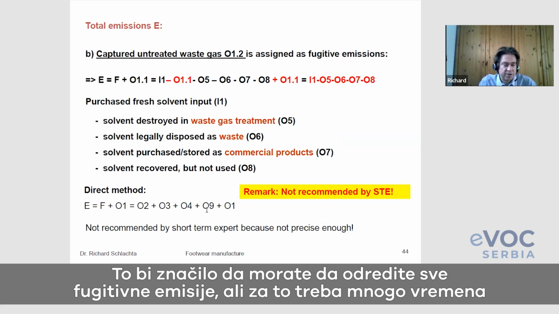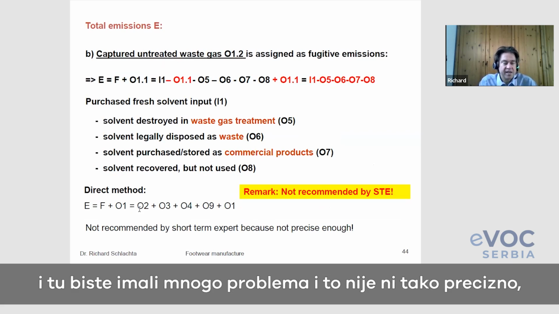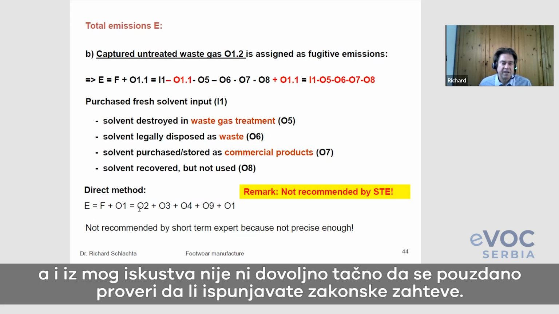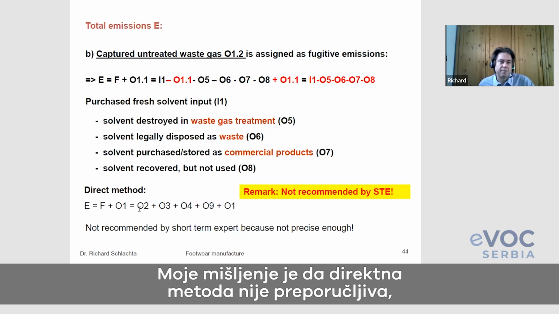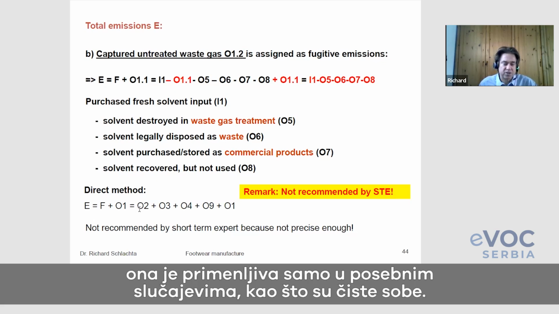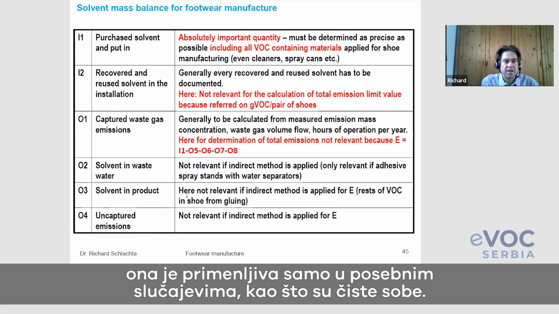That takes a lot of time, and additionally, you will have a lot of problems, and the precision is not very good and enough to check the compliance. That is my experience. So the direct method is not a method that I recommend to you. It is only applicable for very special cases like clean rooms.